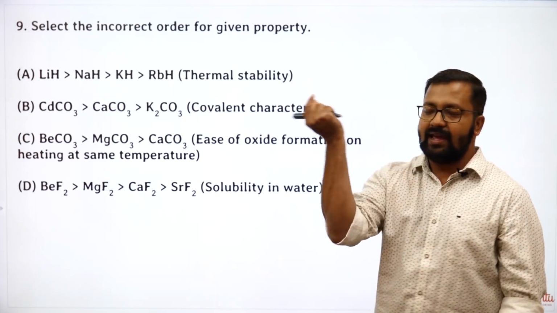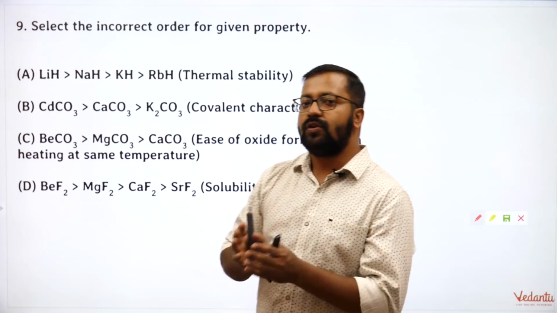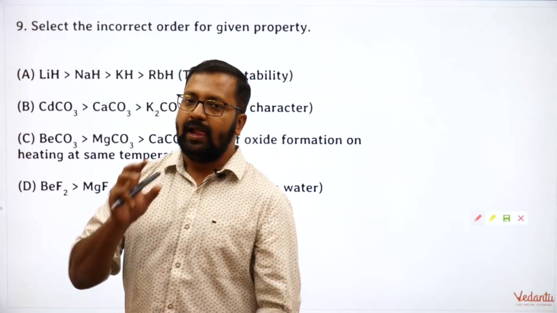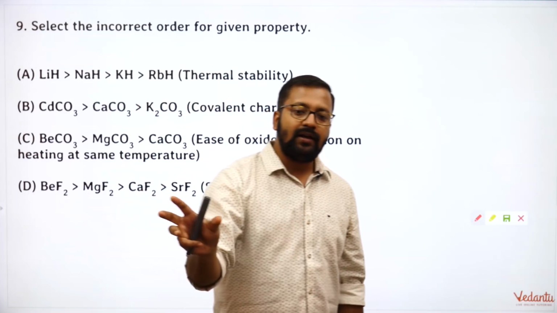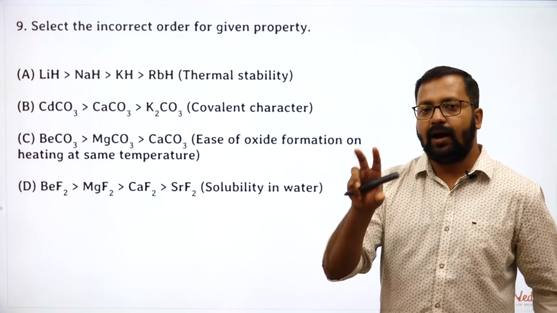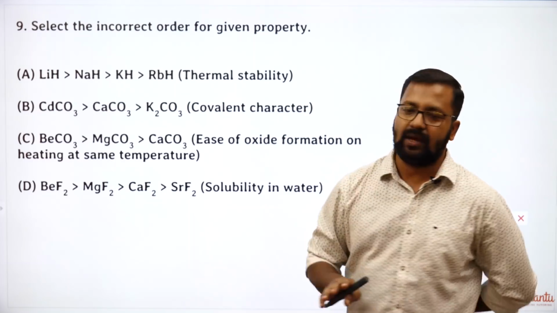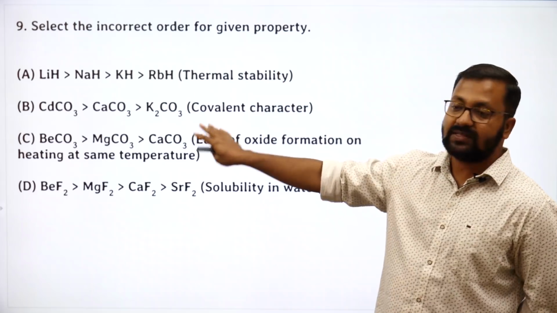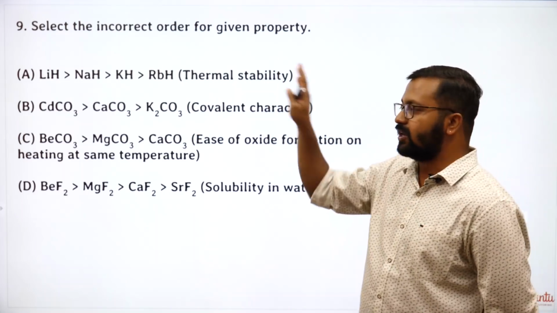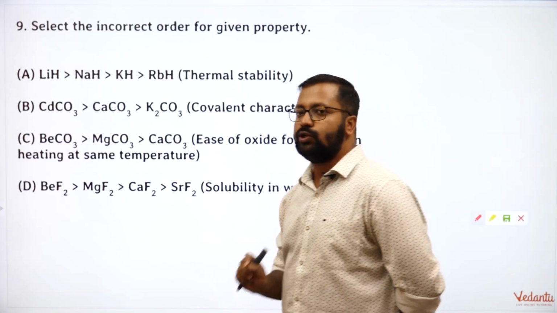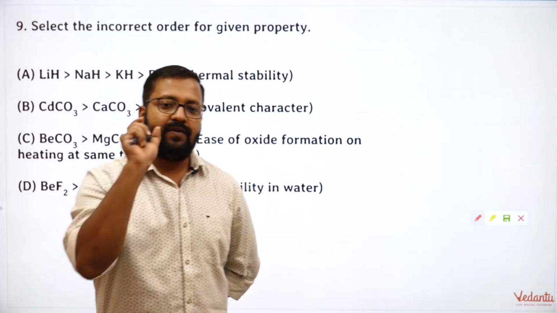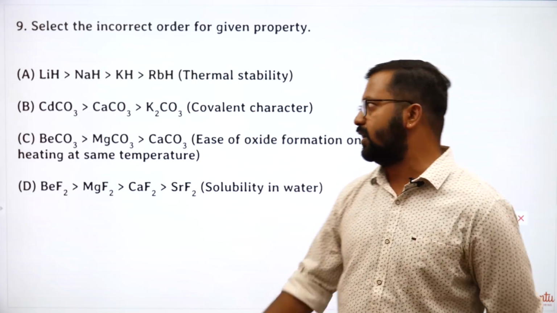In this case, the anion size is small, so polarization of the anion will not be substantial. Wherever anion size is bigger, polarization will be given priority in deciding thermal stability. However, in this case, we will not give priority to polarization to decide thermal stability. We will take lattice energy into consideration.